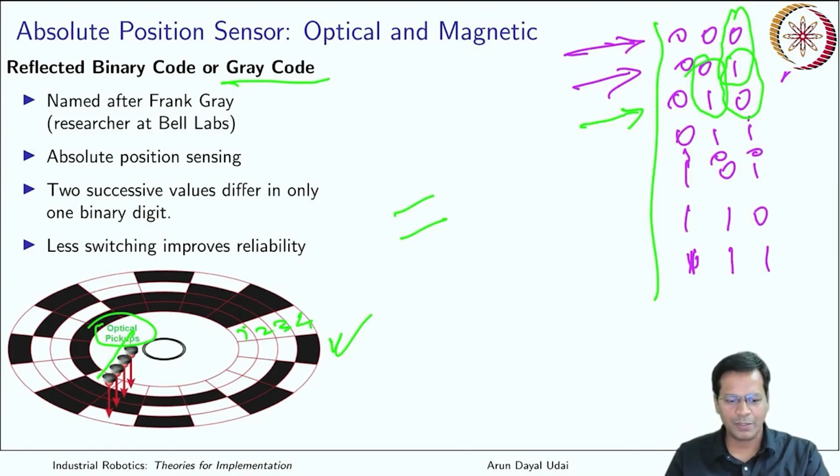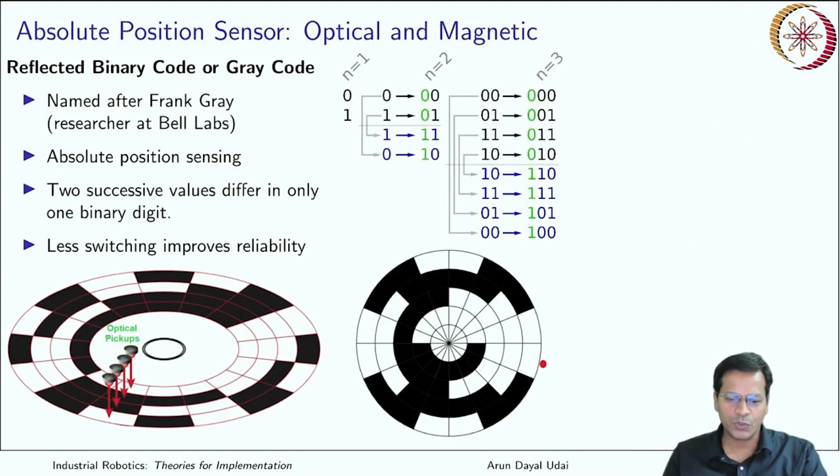So that is the beauty of having gray code instead of binary code. This less switching improves the reliability. So see how it is generated. Let me draw it once again here. How can you make a 3-bit gray code without doing some sort of shuffle operation? Let us say binary is 0, 1.